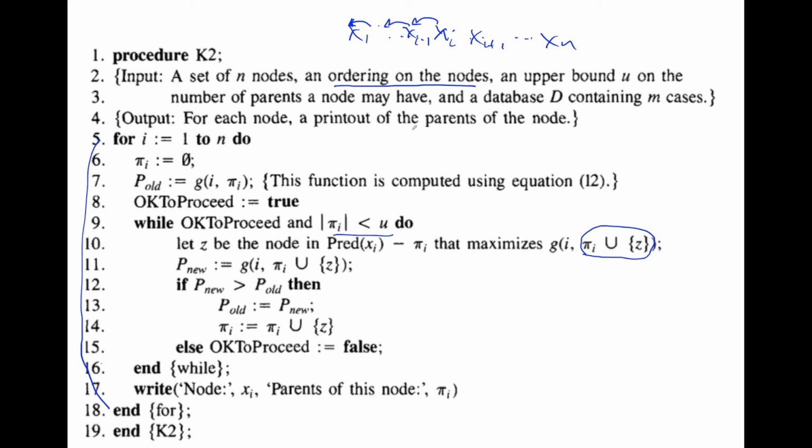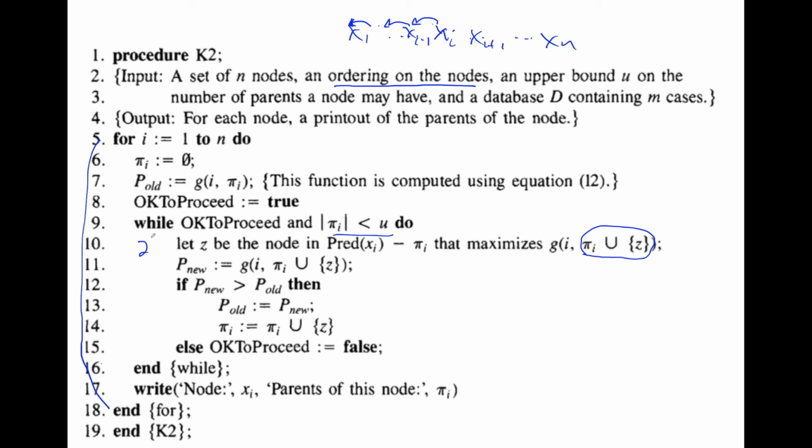Now, of course, if we are only considering those in the predecessor list, well, for all of those edges that we propose, if we look at this loop, we're going to go through and say, okay, is it this first node, xi minus 1, is it xi minus 2, xi minus 3, and so forth. And you're going to look in that predecessor list. And so this evaluation is going to be 2 to the size of the predecessor list.